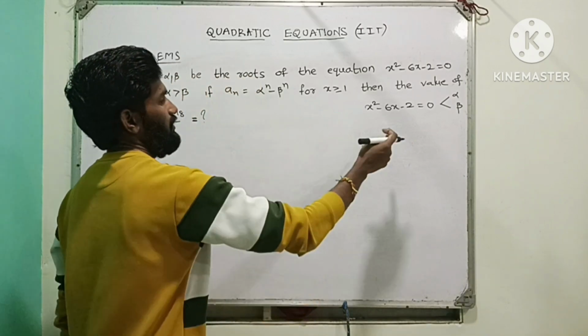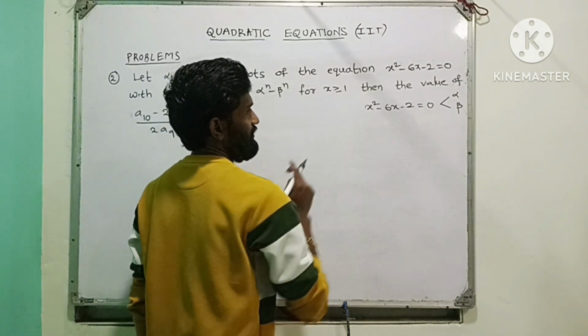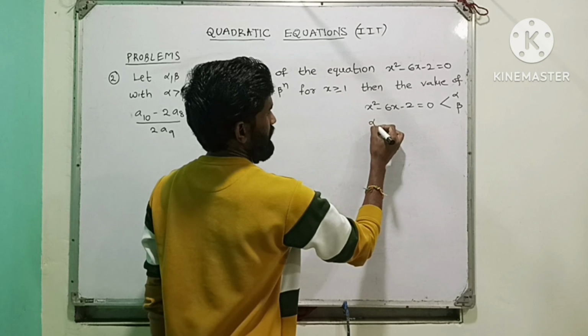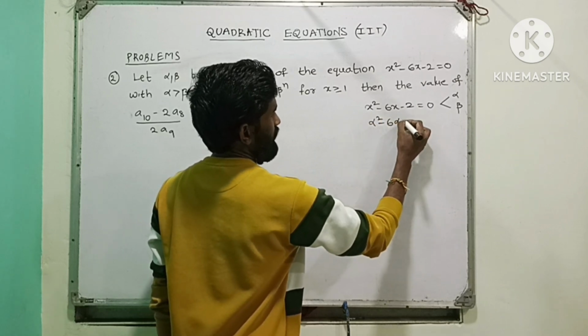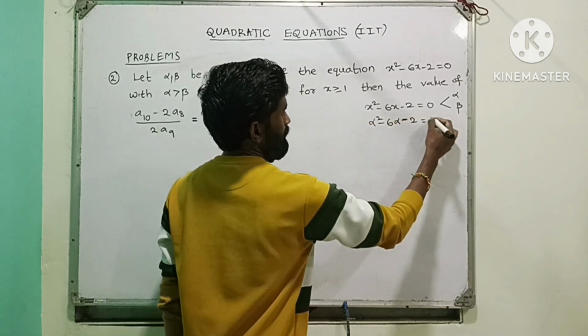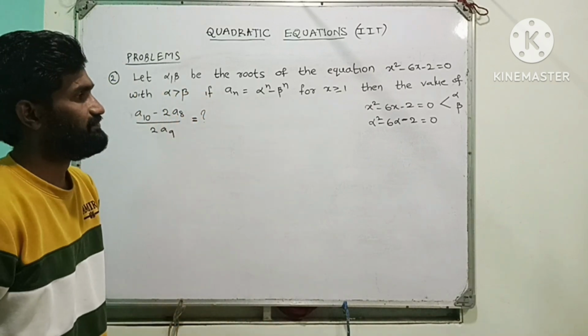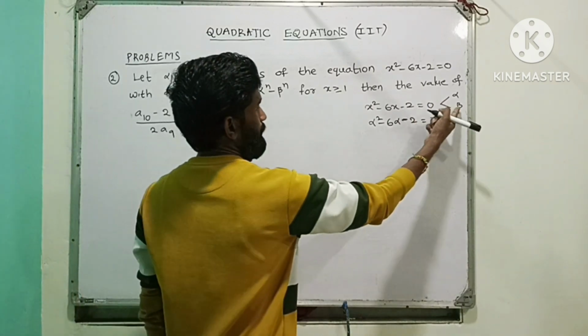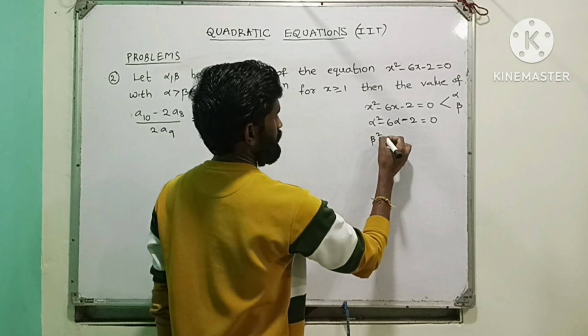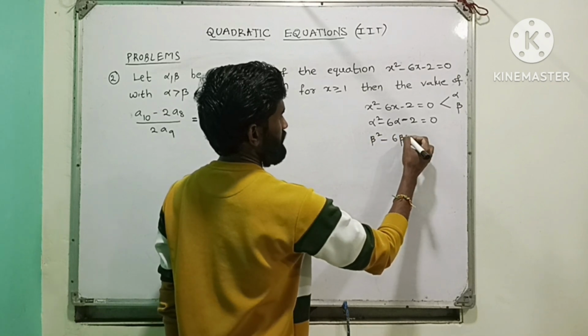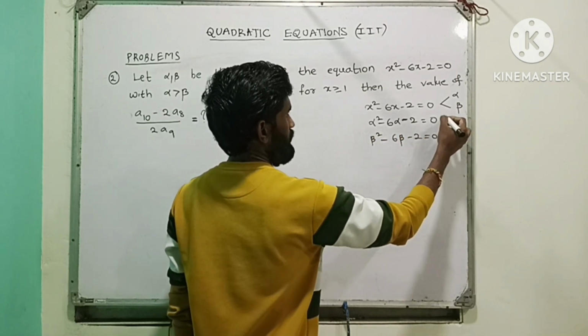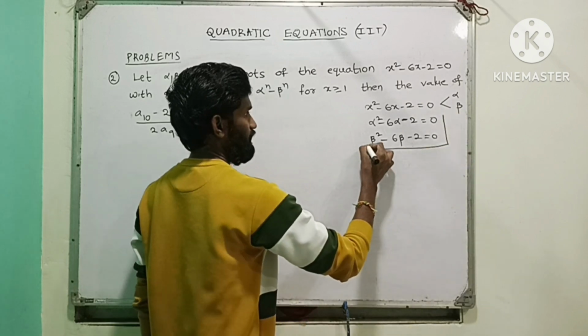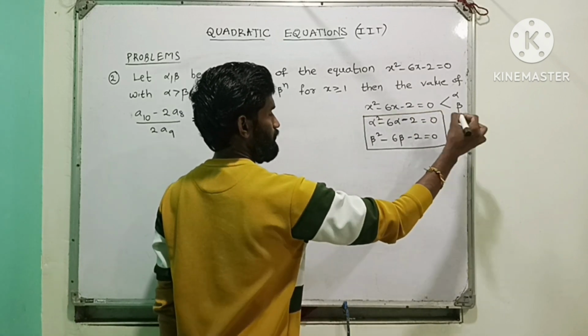That's why here I am substituting alpha and beta in this equation. So what I will get here? Alpha square minus 6 alpha minus 2 equals 0, and also for beta, beta square minus 6 beta minus 2 equals 0. These two will be helpful while solving this problem.